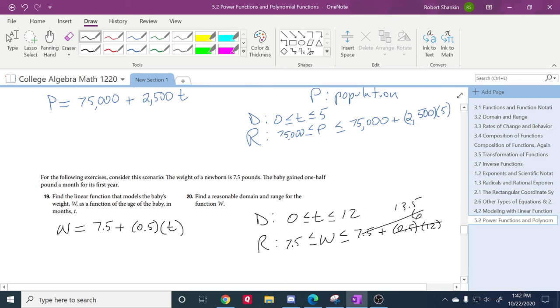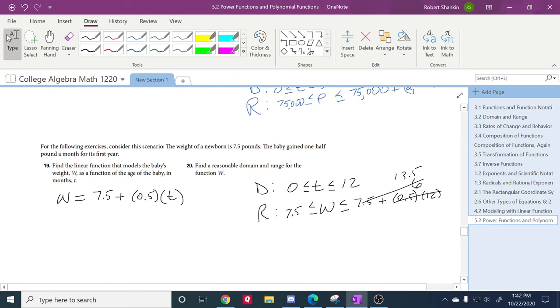All right, so it turns out that the weight of a baby's growth is basically linear, and this will only be for a short time, for maybe the first year. If we kept growing at a linear rate, we'd get super huge. All right, does this answer your question for 20?